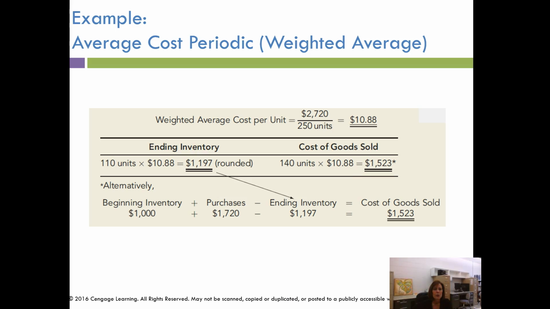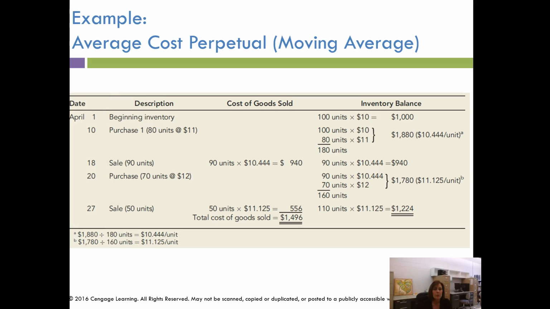Now we'll look at this using the perpetual method, where we had multiple purchases during the period. So we have our beginning units at $10 a unit. Pretty basic. But now we bought some more units. So now we've got the 100 units that we started with at $10 plus 80 units that we just bought at $11.